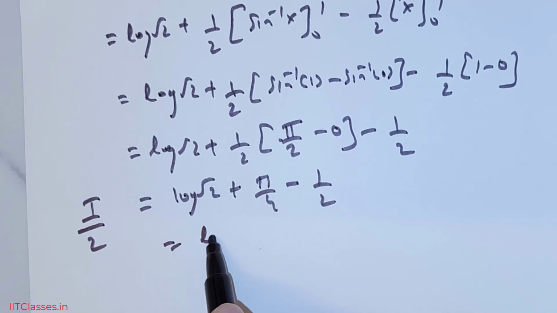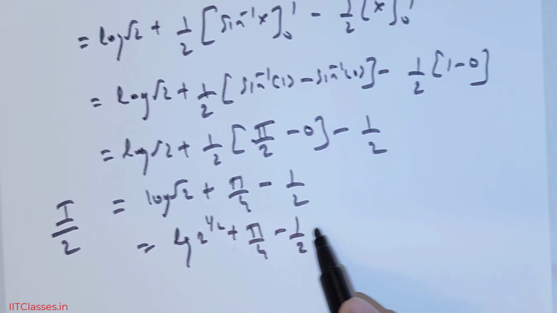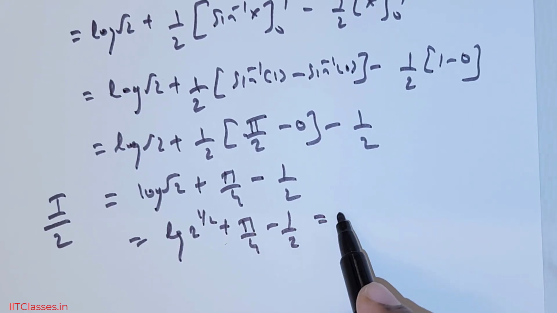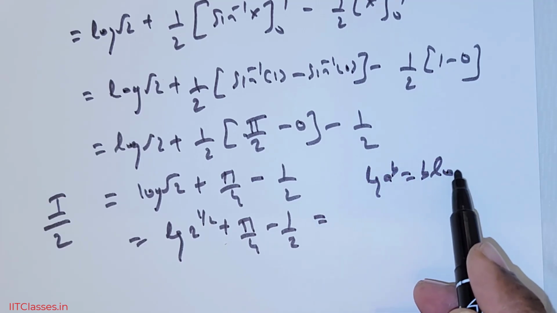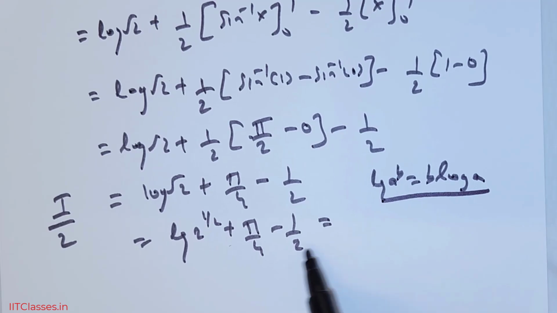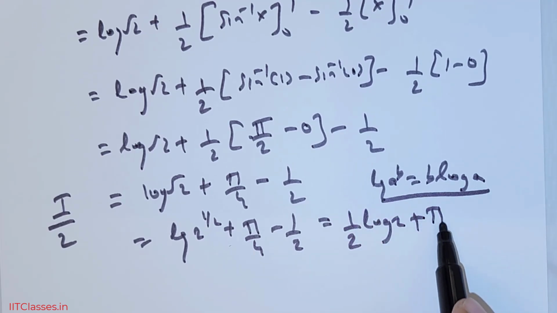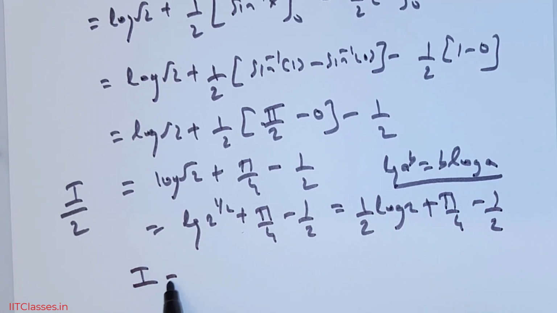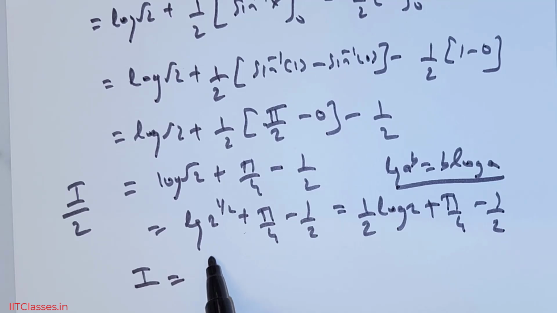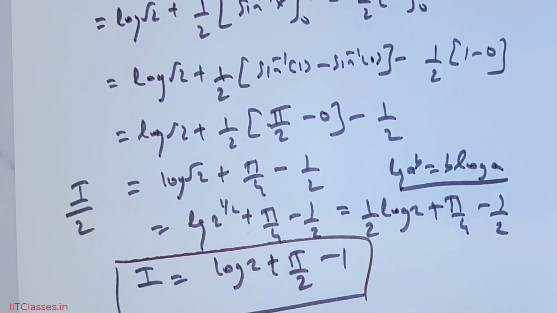I can rewrite this as log 2 raised to the power of 1/2 plus pi over 4 minus 1/2, which is going to be, since we know that log a raised to the power of b is b times log a, so this can be rewritten as 1/2 log 2 plus pi over 4 minus 1/2. So I need I, you cross multiply the 2, you get log 2 plus pi over 2 minus 1. So that's the solution for this question.